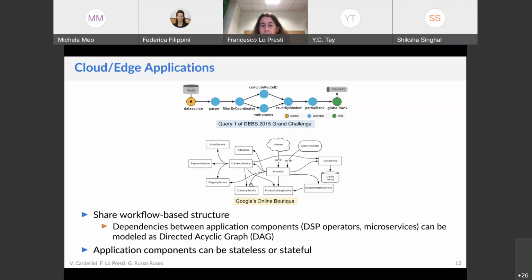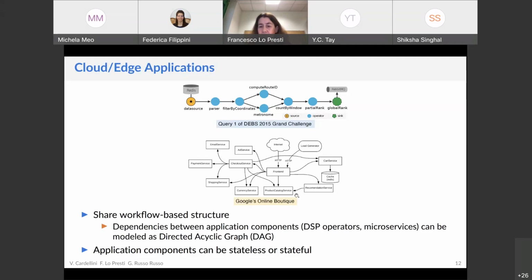In the second picture, we can see on this slide, we have an example of a microservice-based application, and this is the application used by Google to demonstrate the Kubernetes functionalities. And in this case, we have an online boutique.